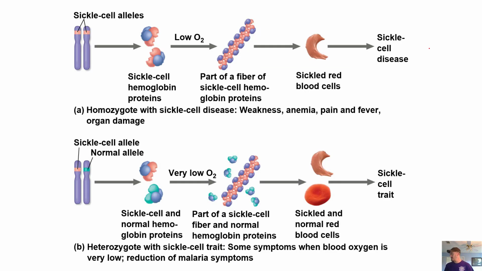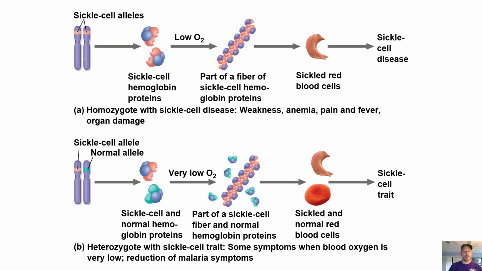Now, I want to show you an example of a trait that is inherited in a Mendelian way in humans, and that is sickle cell. So in humans, we have 2 chromosomes that contain the gene for hemoglobin, right? And there is a sickle cell type and a normal type.